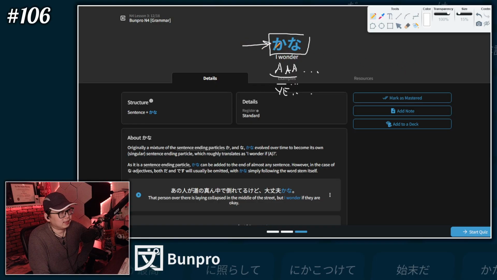Every time I hear this in Japanese speak, when I hear it on a line, my first thought is I don't actually translate it, so to speak. I know they're saying I wonder, but it's more like an emote to me. It's at the end of a sentence. It's kind of like aya in the beginning, or like sa, ya, something like that.